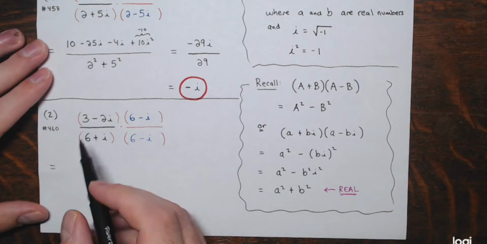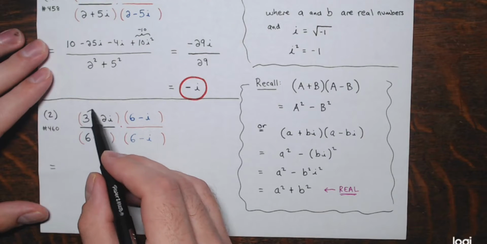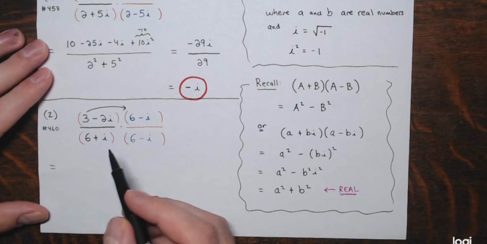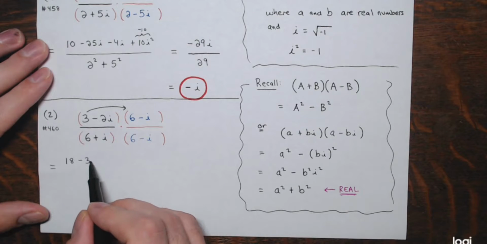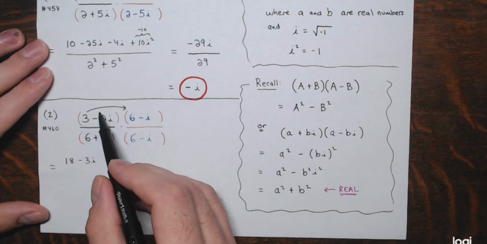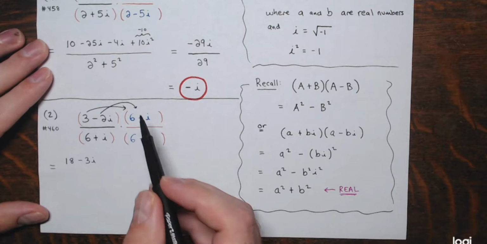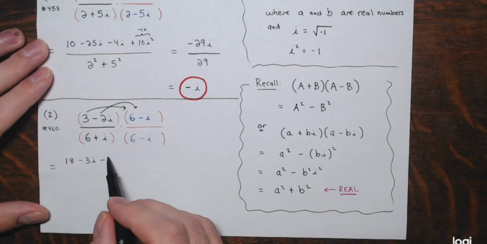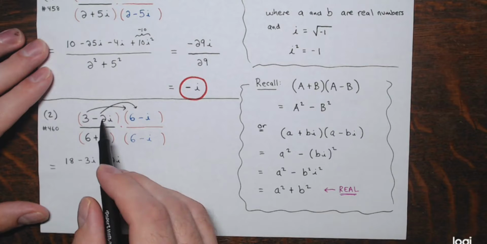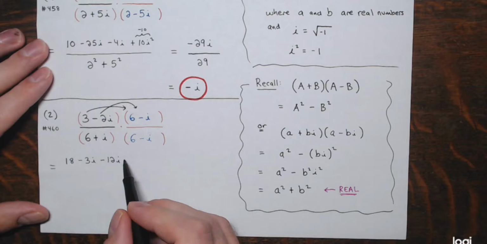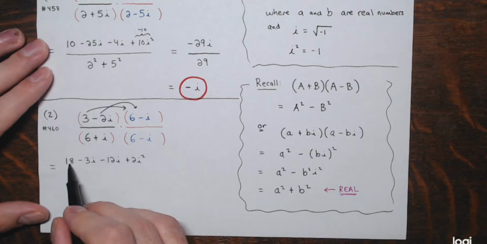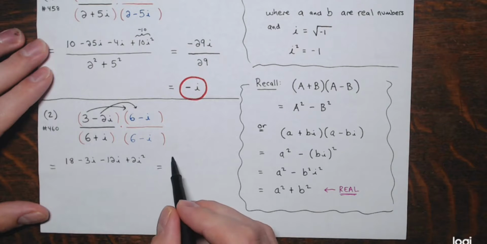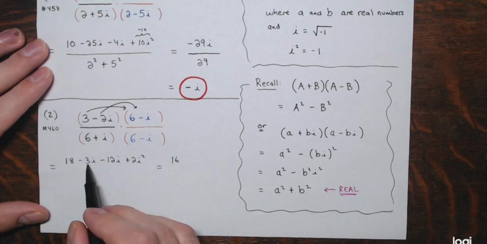The numerator, when I multiply this out, right, first I'll distribute the 3, get 18 minus 3i, and then I distribute the negative 2i, get minus 12i, plus 2i squared. But remember, this is just minus 2, so we have 18 minus 2 is 16, and then minus 15i.